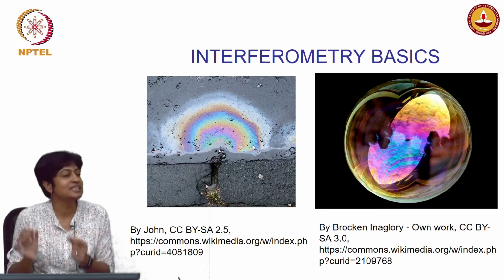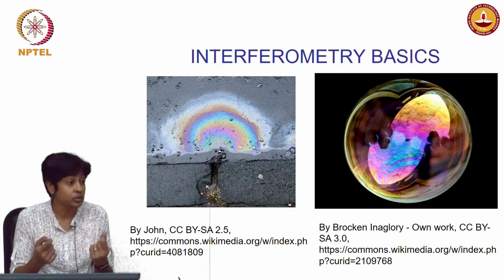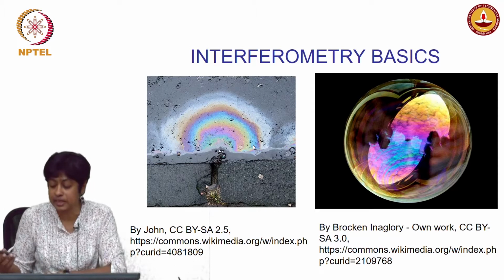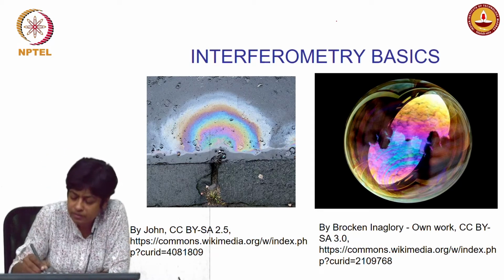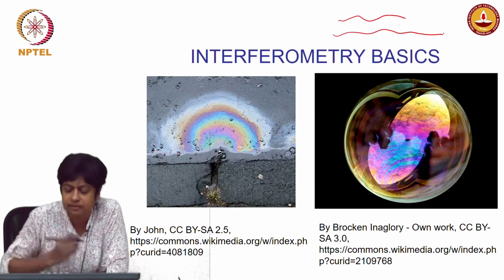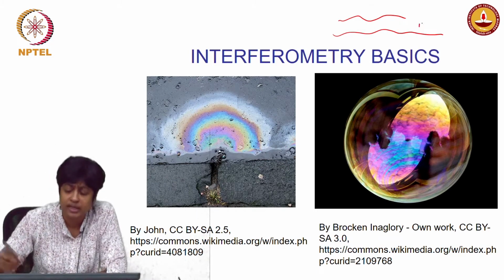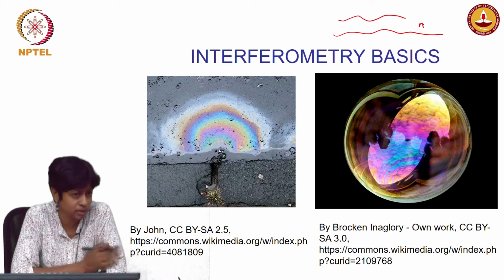And wherever there is the same path length, where is that going to happen if you assume that this film has, let's say, some varying thickness, and a uniform refractive index, the same refractive index throughout?